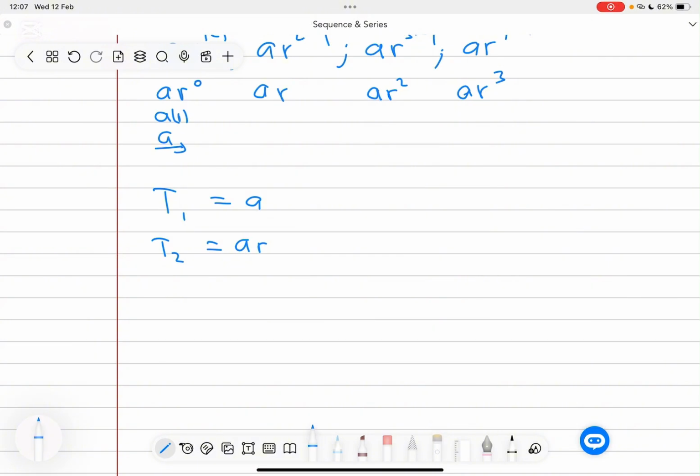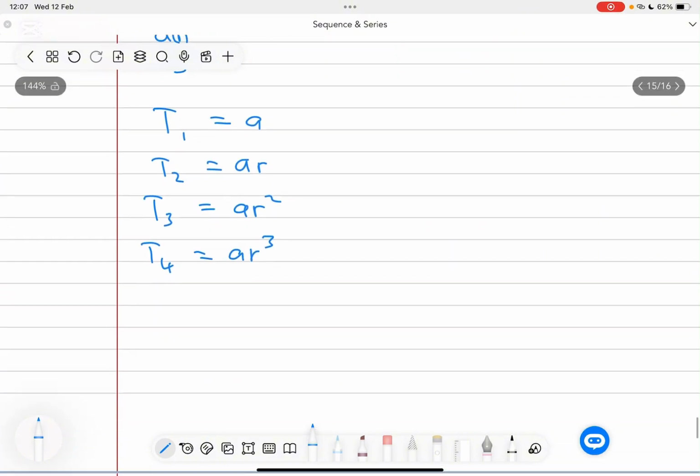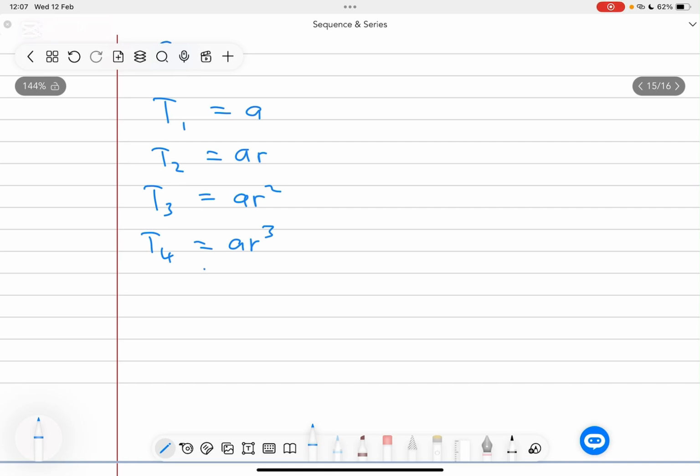Then term 3 is going to be given by a r to the power 2, because we're saying 3 minus 1, we get the 2 there. Term 4 will be given by a r to the power 3. I think you can see the pattern now. If I were to continue this sequence and get to term 11, this would be a r to the power 10, because 11 minus 1 is 10, and this will define the 11th term.